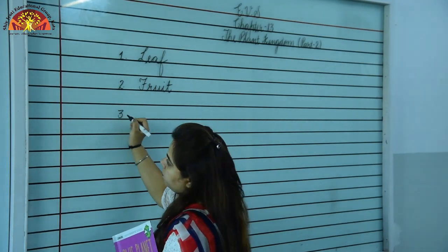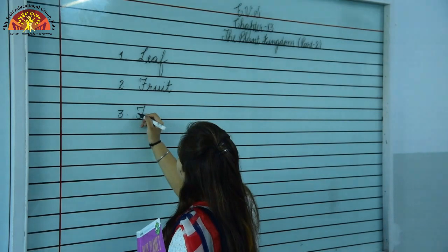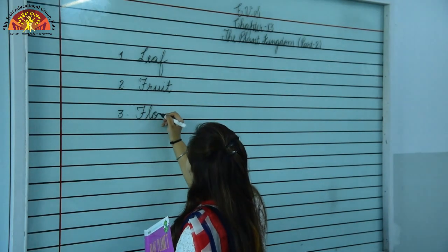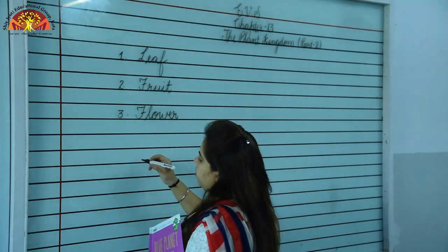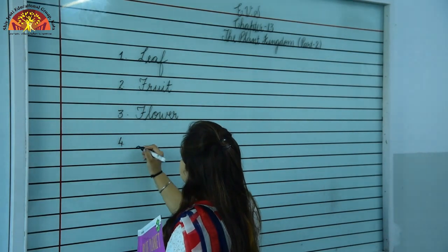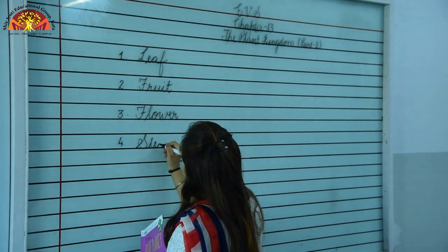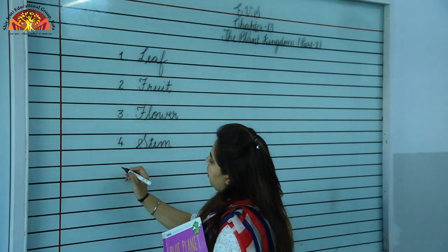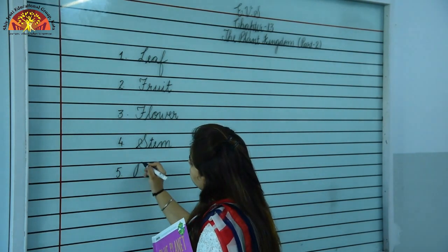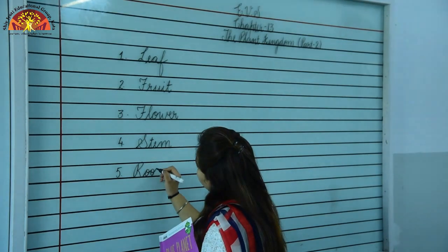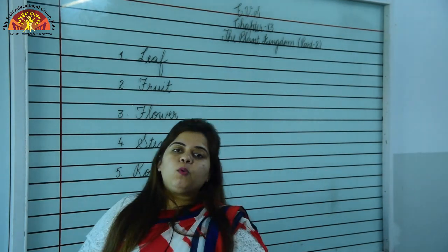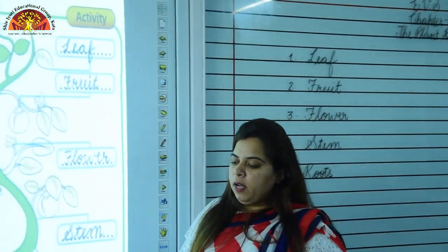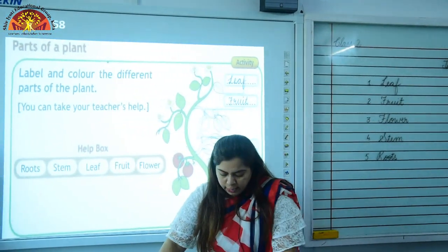Number 3, flower, F-L-O-W-E-R. First letter will be capital children. Number 4, stem, S-T-E-M, stem. And number 5, roots, R-O-O-T-S, roots. I hope you all are doing this book work with me in a beautiful handwriting. Now let's switch to next page.